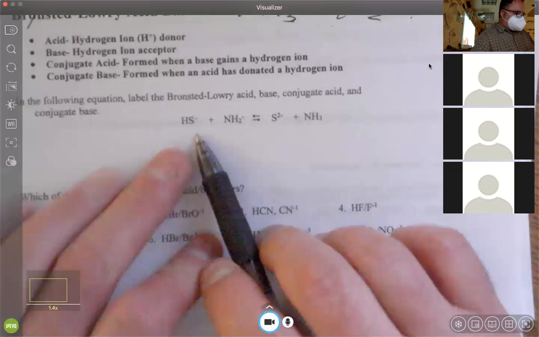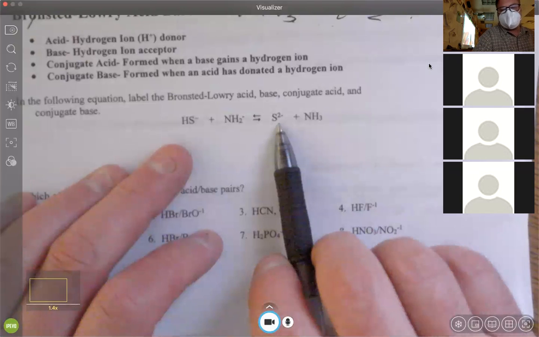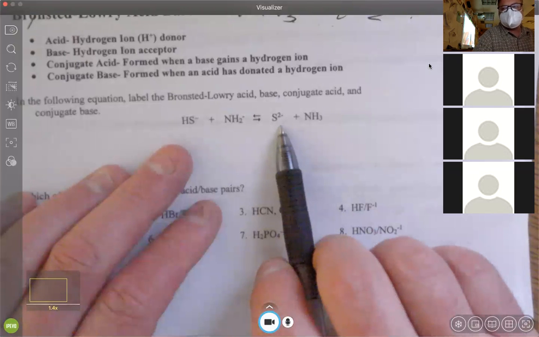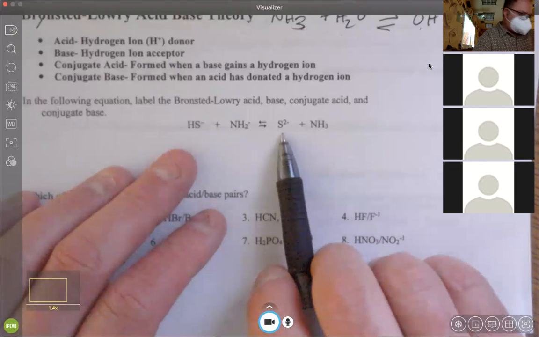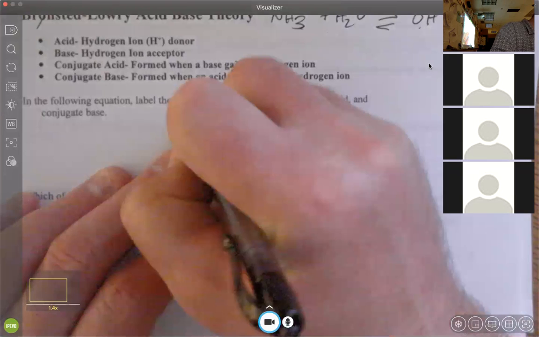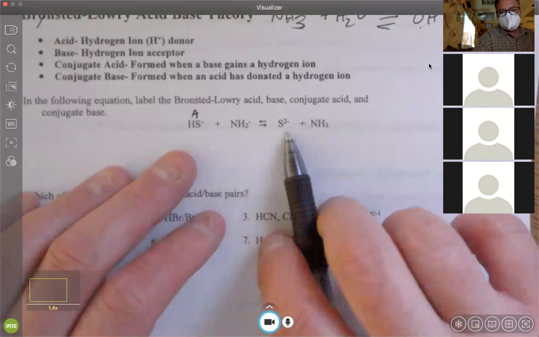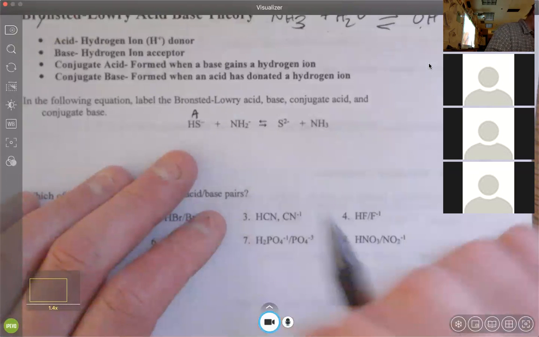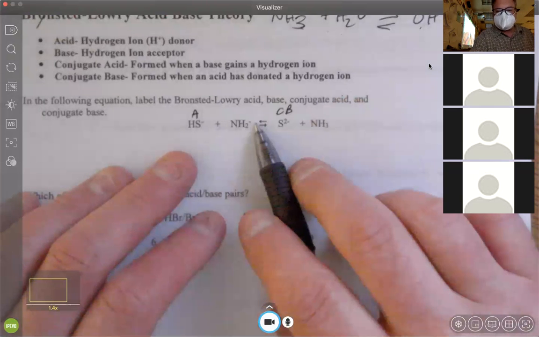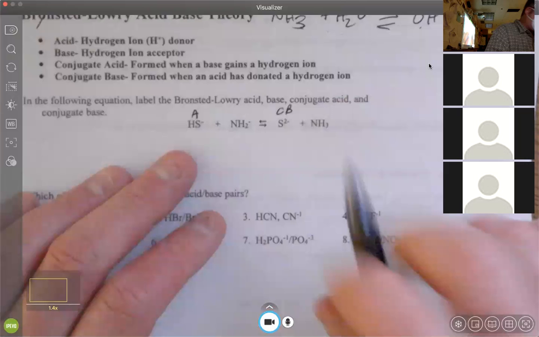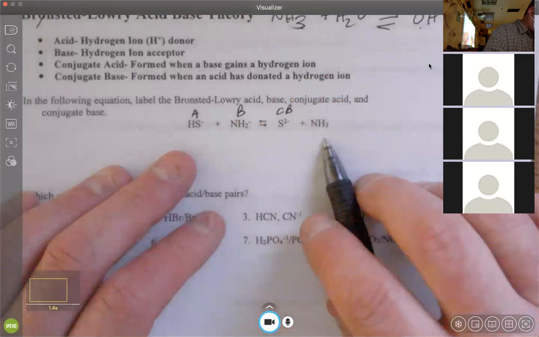So let's take a look here. HS negative becomes S2 negative. So what happened to HS negative to make it become S2 negative? Did it donate a hydrogen or did it accept the hydrogen? Donated, so it is an acid. That makes S2 negative the conjugate base. NH2 negative gained, or accepted, a hydrogen, and that became the conjugate acid.